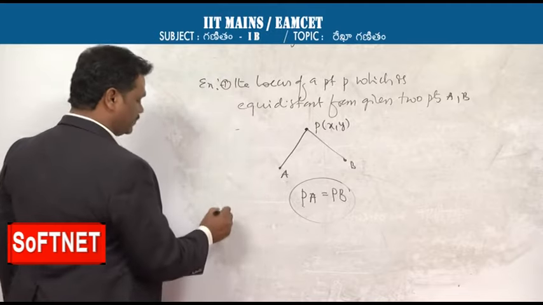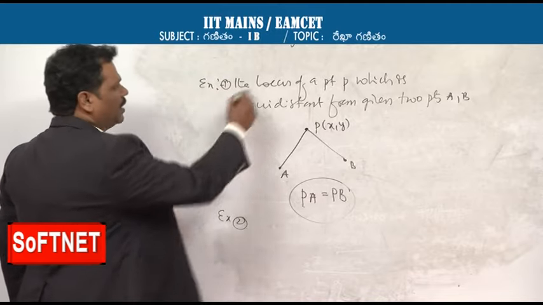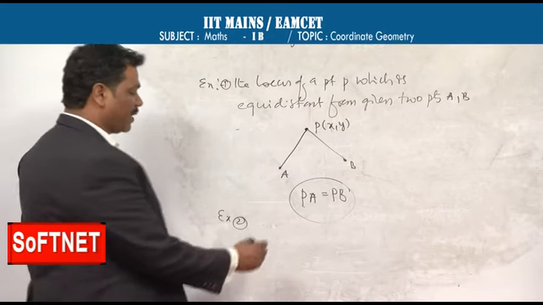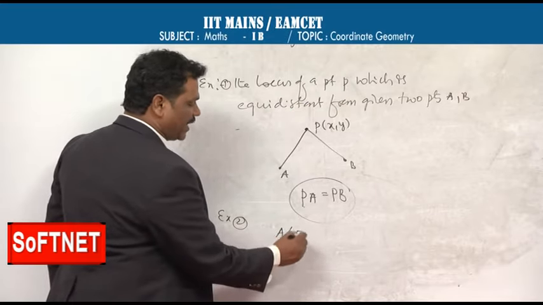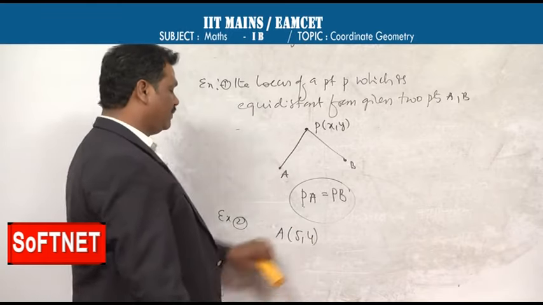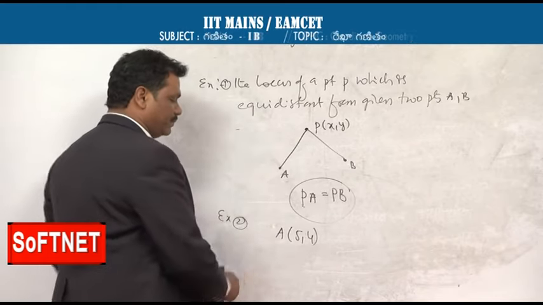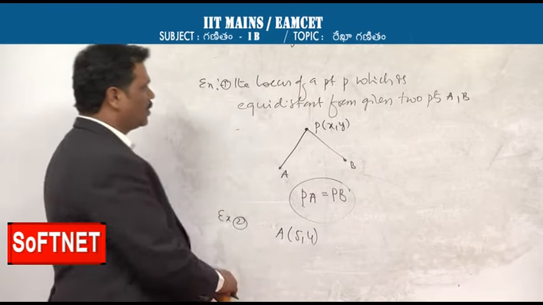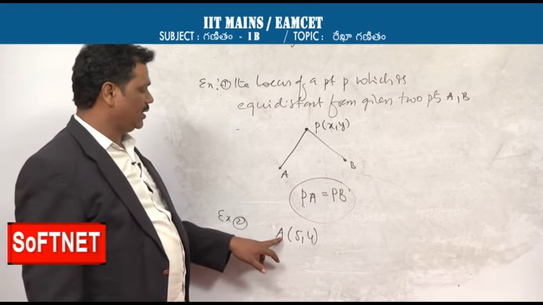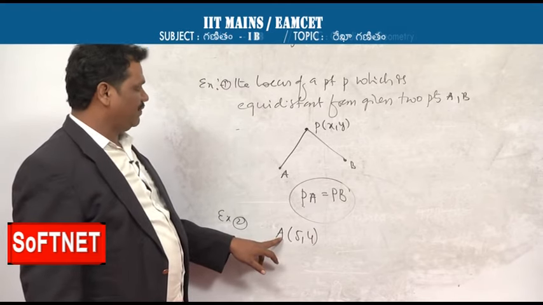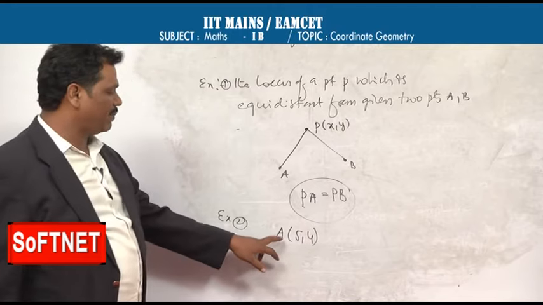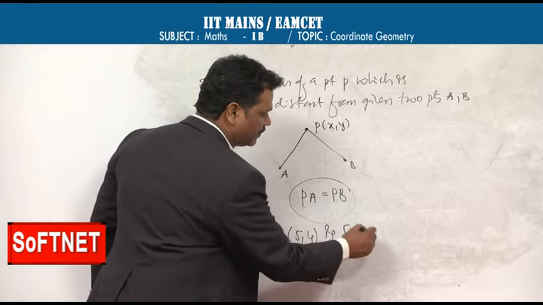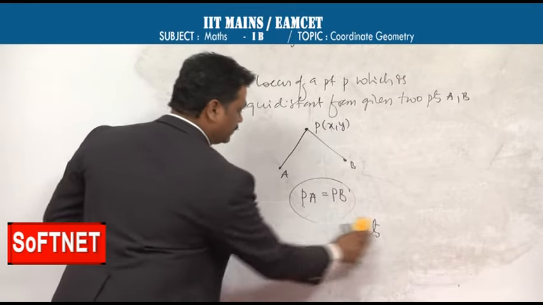This is example 1. And example 2: the locus of a point P which is at a distance from A of 5 comma 4 is 5 units.